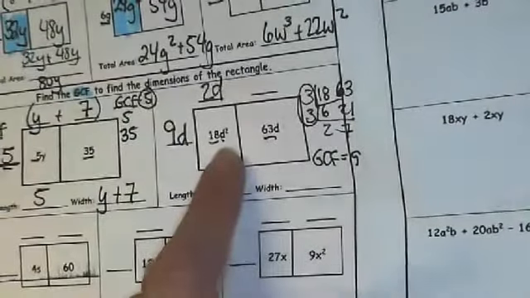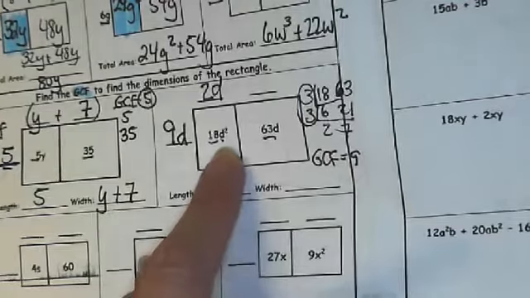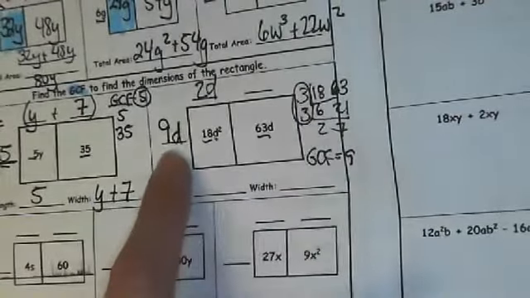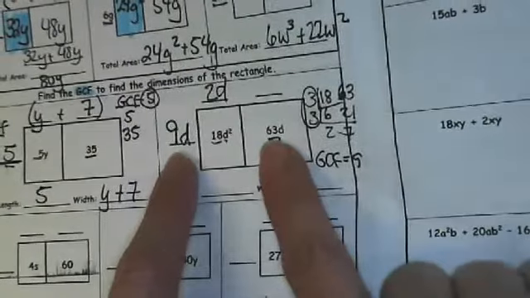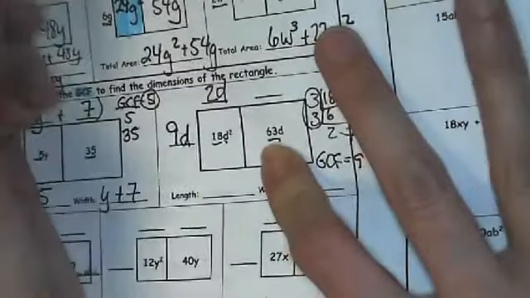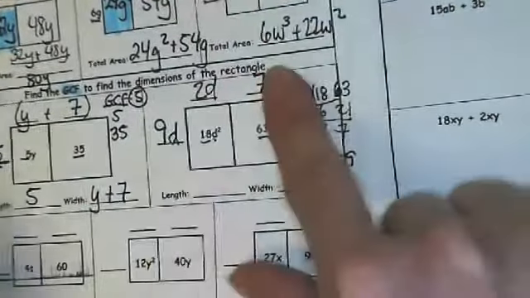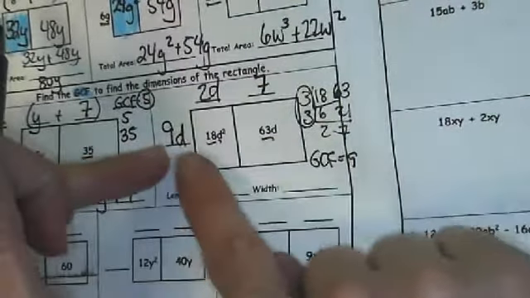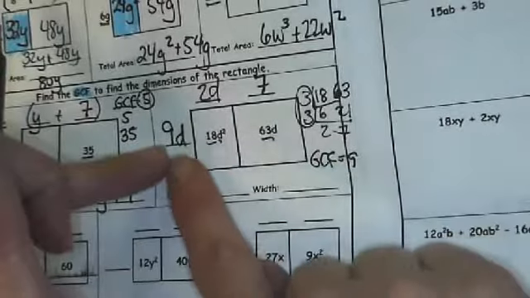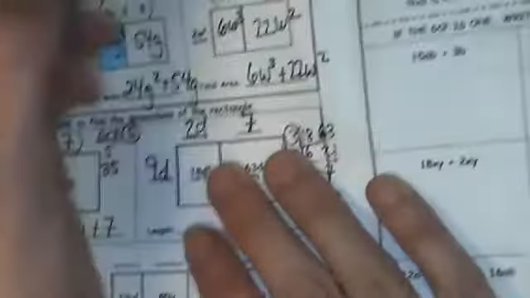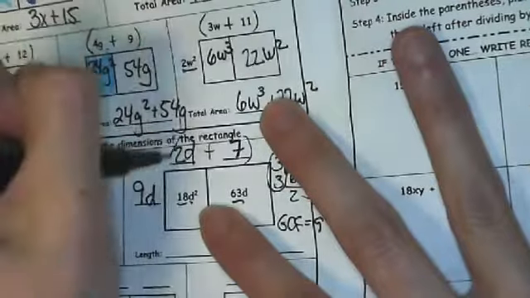And then 9 times what number gives me 63? That would be 7. So 9 times 7 is 63, and I don't need an extra d there because I already have one. So 9d times 7 would be 63d. This would be the inside of the parentheses, and 9d would be my outside.